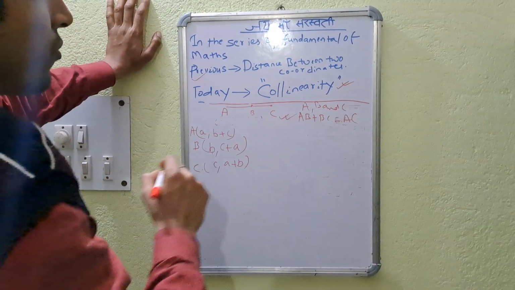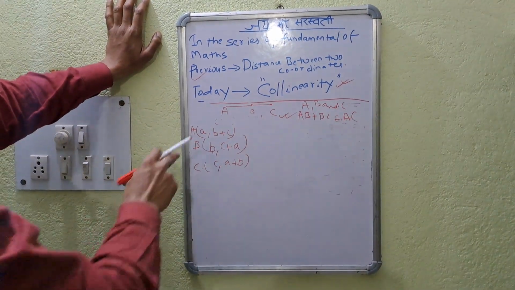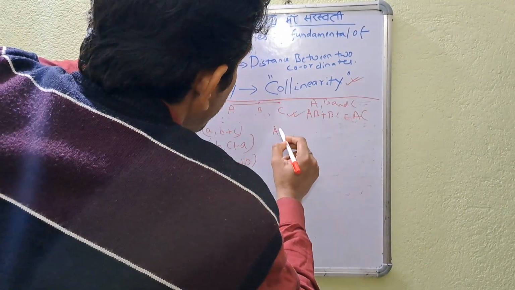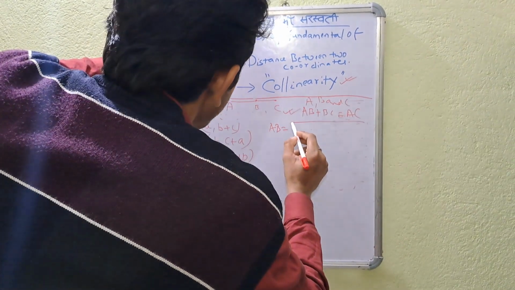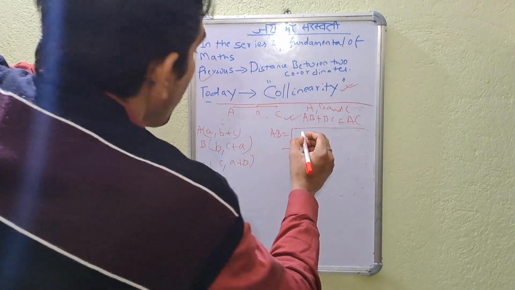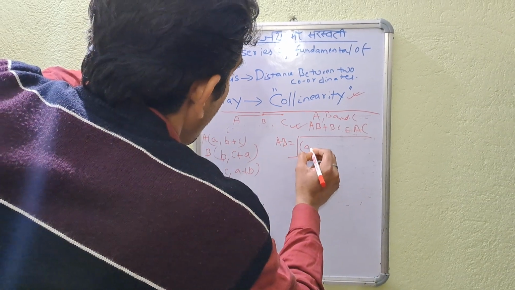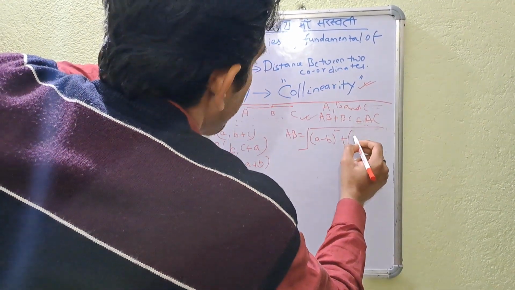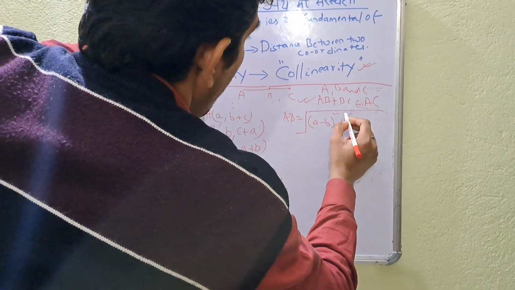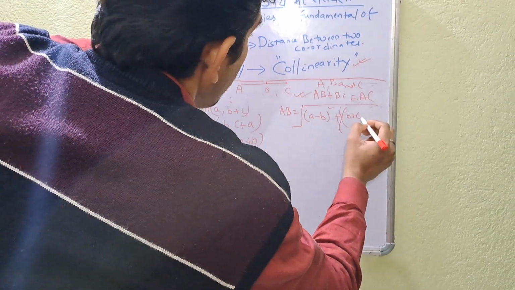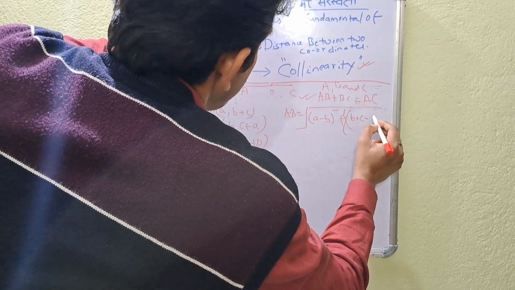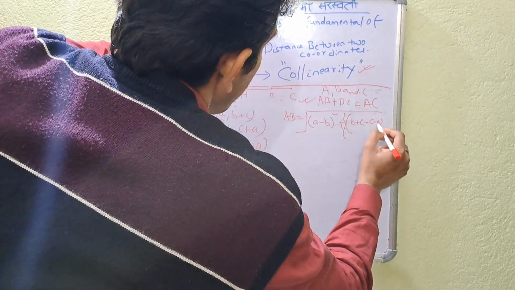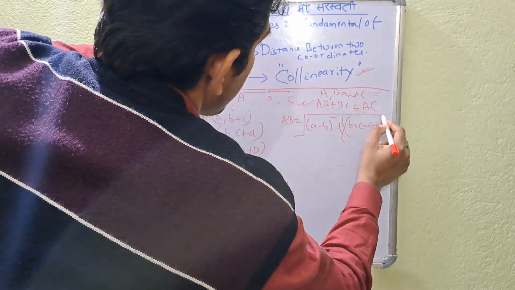Using the distance formula, we will be calculating the distance AB. So AB is equal to under root (a minus b) whole square plus (b plus c minus c minus a) the whole square.